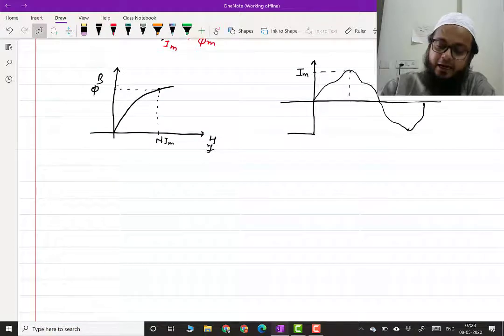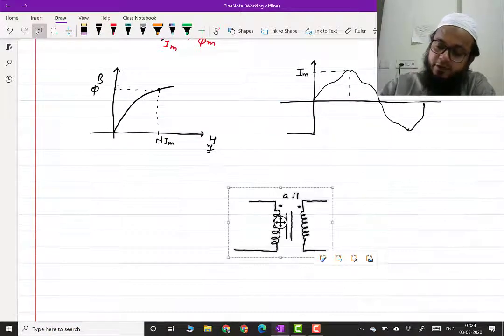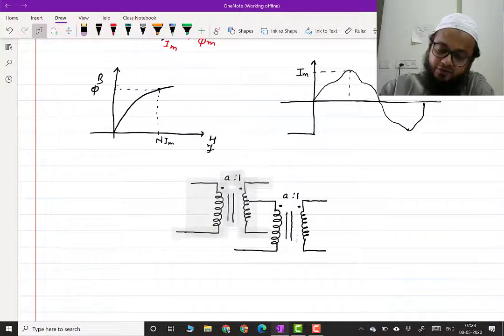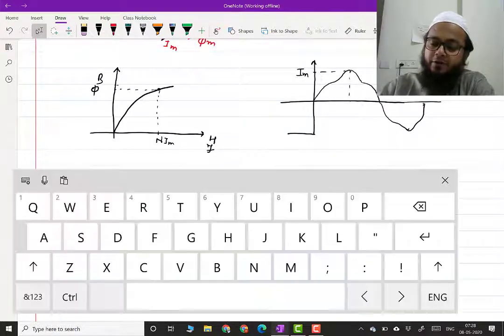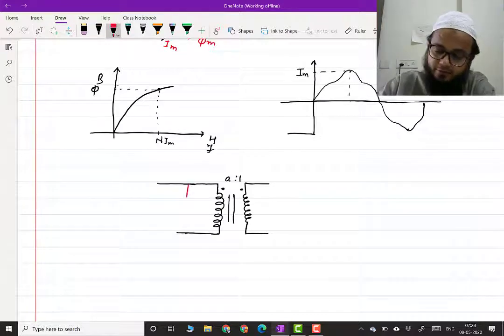In the equivalent circuit diagram, that's the property of an inductance, the current lags the voltage by 90 degrees. So I'm showing it by an inductor here, jXm, and it will draw current Im here.